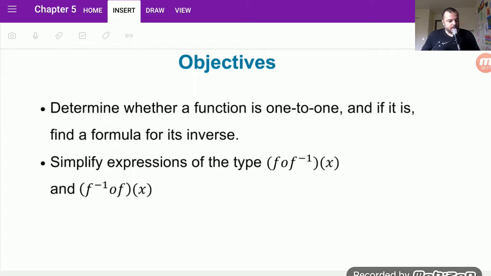The first one is how to determine whether a function is one-to-one, and if the function is one-to-one, we need to find the formula for the inverse of this function. The second objective is to simplify expressions of the type f composed with f inverse of x and f inverse composed with f of x.